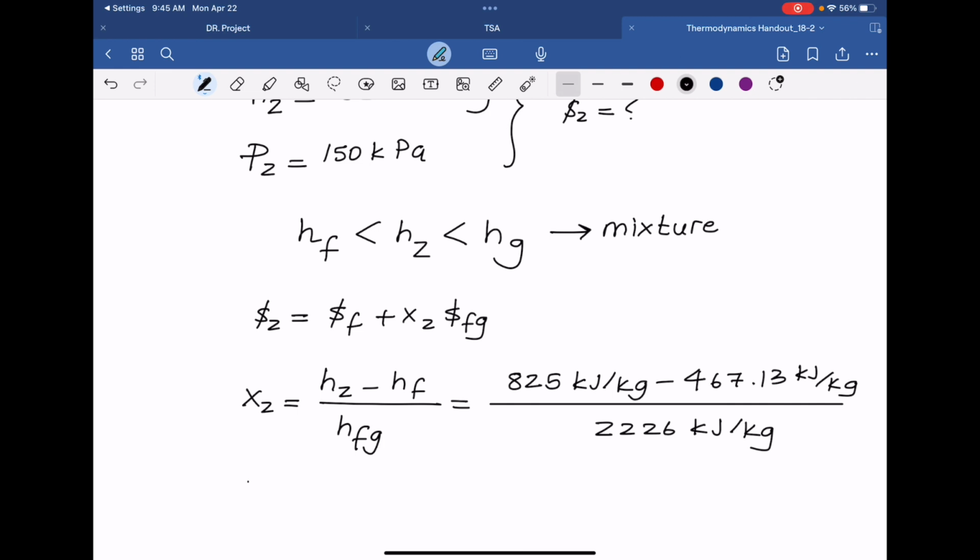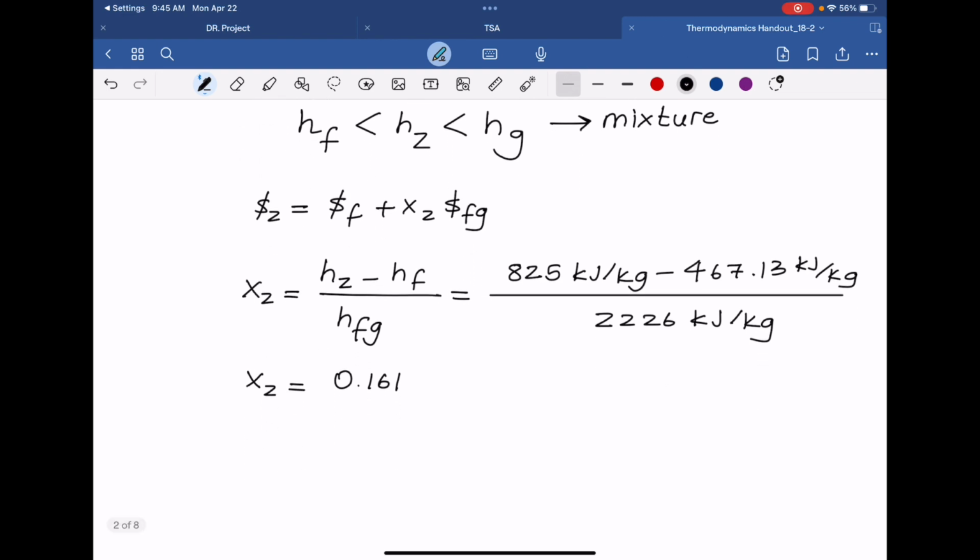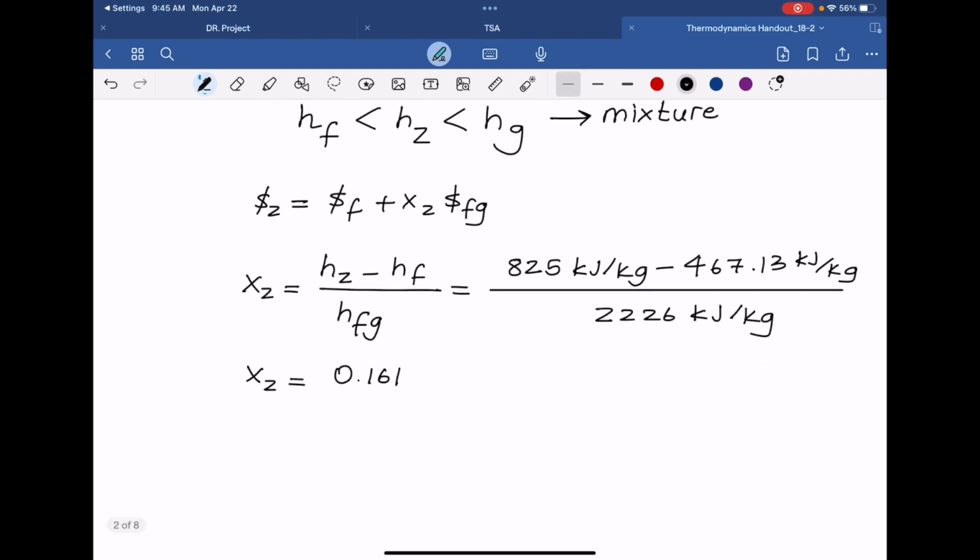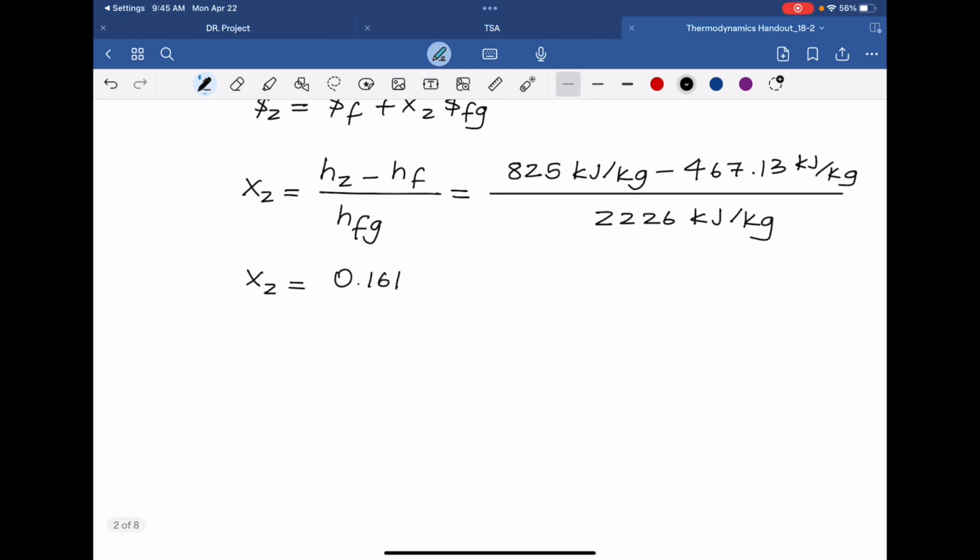Okay, so the answer for quality is 0.161. Okay, no units, remember. Now we know the quality. We read SF and SFG from the same pressure, 150 kilopascal, and then find S2 now. Let's do it together.